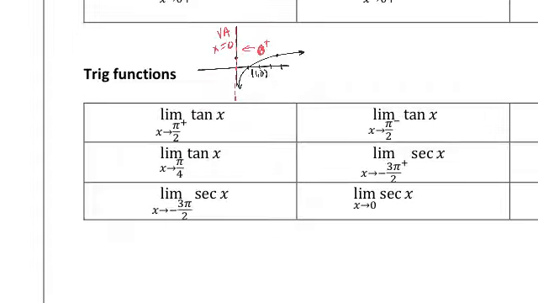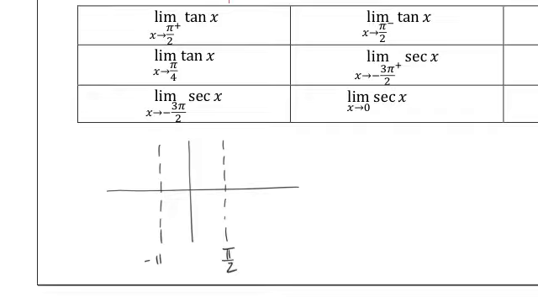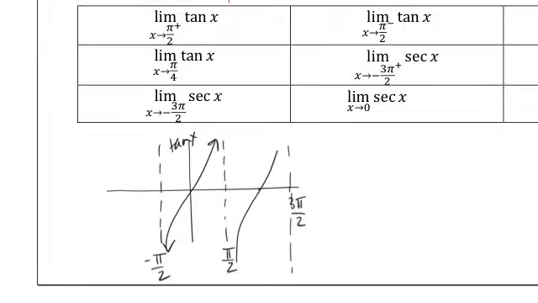Trig functions. Well, we know that the tangent, secant, and cosecant functions have asymptotes. We know the tangent function has asymptotes at pi over 2 and negative pi over 2, and it looks something like that, and then of course at every pi from there. So at 3 pi over 2, we'll have an asymptote, etc. This is tan x, a periodic function.